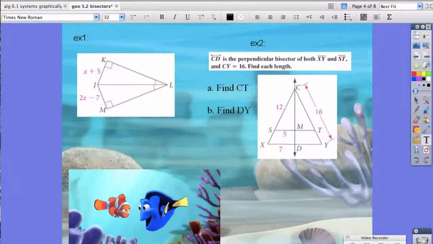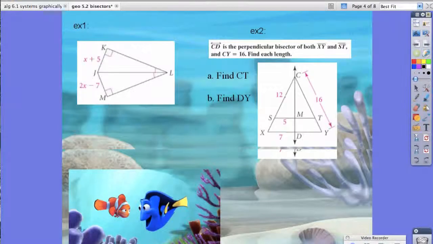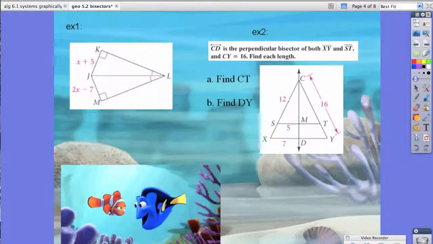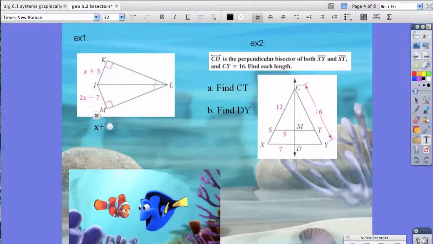So let's practice a couple. In example 1, we have an angle bisector. And because this is true, it also means that the line segments KJ and JM are congruent. Therefore, I could say x plus 5 is equal to 2x minus 7. Then we're going to solve for x by subtracting x from both sides.